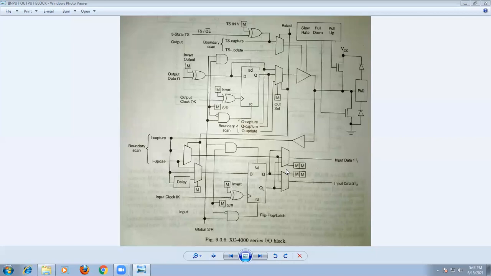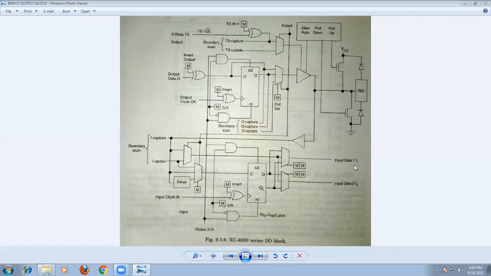Now let us consider the input-output pad as an output. As already discussed, when this pad is the output, the buffer must be enabled.